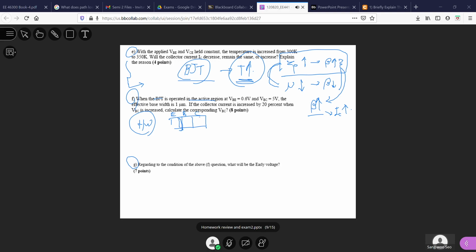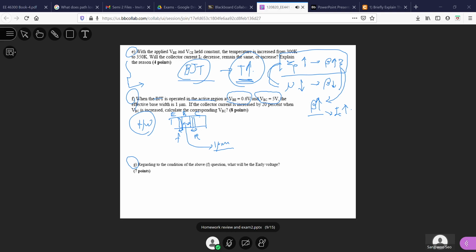Emitter and base are forward biased, and base and collector are reverse biased. The initial condition is that the forward bias of emitter and base is fixed, and the reverse bias of base and collector is 5 volts. For this condition, let's say the effective base width is 1 micrometer.